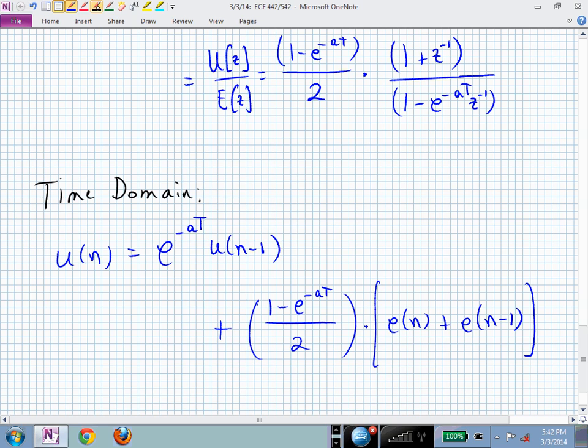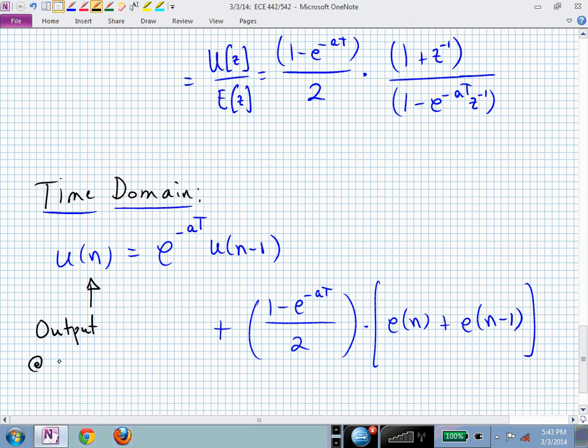And if we think about what this is doing in terms of an algorithm, U of n, we could say, is the output of our operation. E's are inputs, U's are outputs in this particular way that I've defined the transfer function.